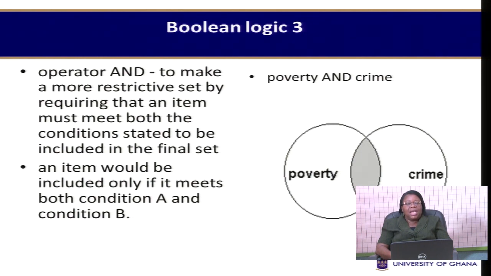The term poverty and crime is only available in the intersection. When you move out of the intersection, it is only one of those terms. But because you use the operator AND, the computer understands that you need to see both terms in the articles that it will retrieve for you.